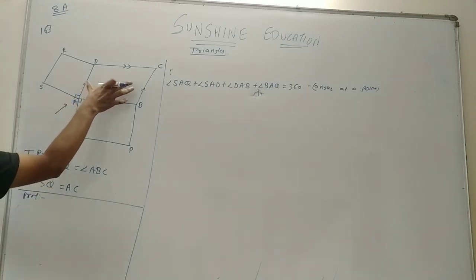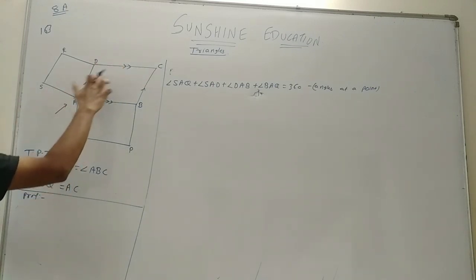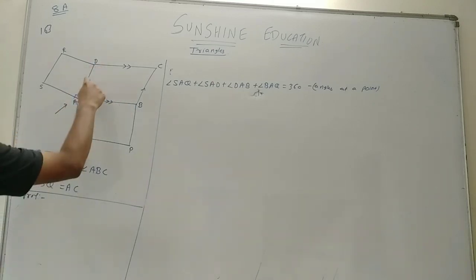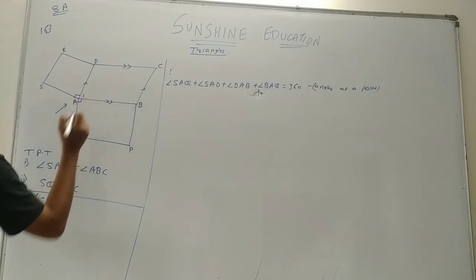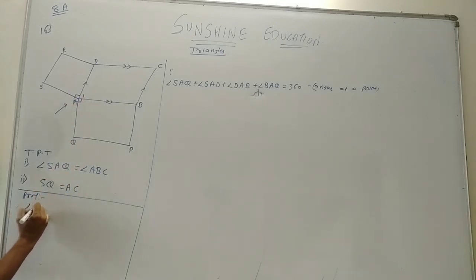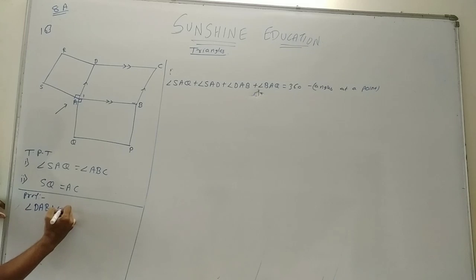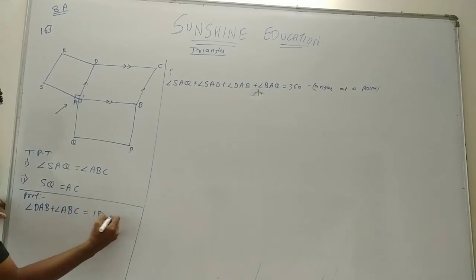We know that in a parallelogram, interior angles are supplementary, that is 180. DAB means this angle, that is angle DAB, plus angle ABC is equal to 180.